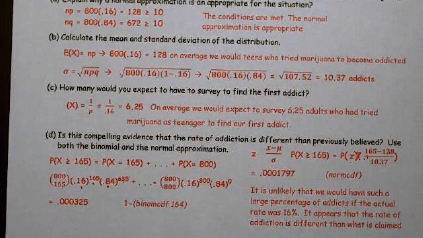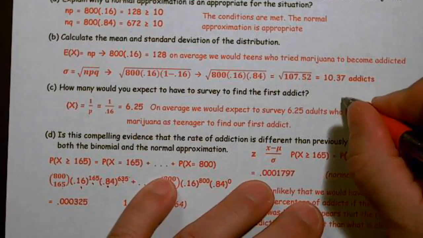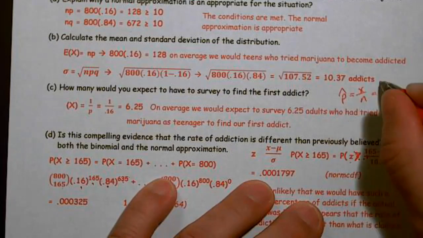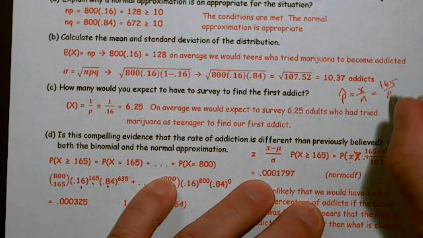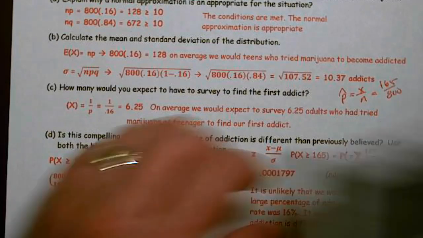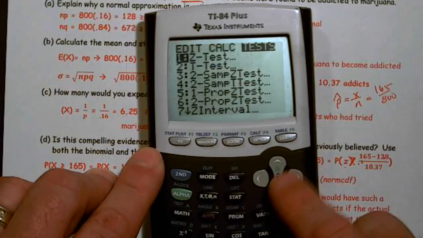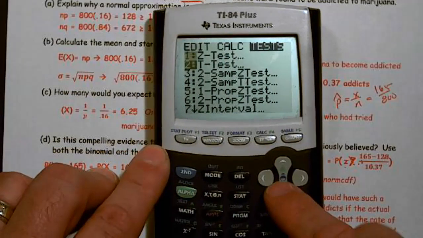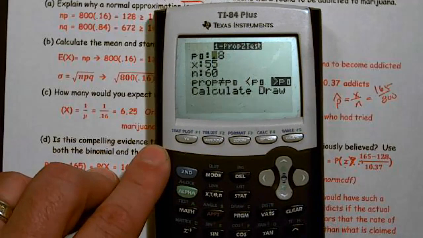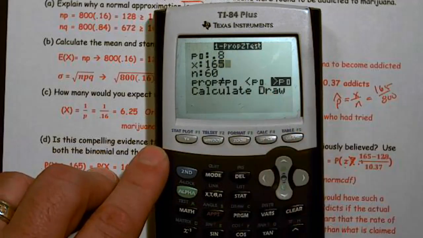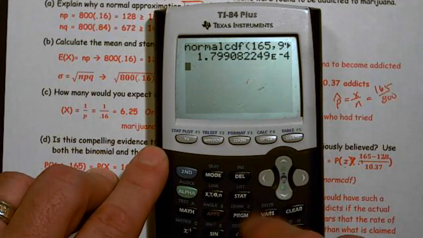That's because we didn't have a p hat. I guess we could have figured a p hat. So let's do a p hat. p hat equals x divided by n, so p hat equals 165 divided by 800. So let's try that out. Stat test, one proportion z test, x was 165, n was 800.